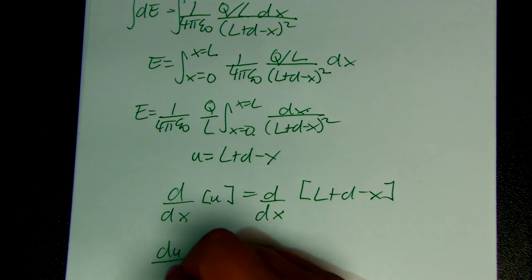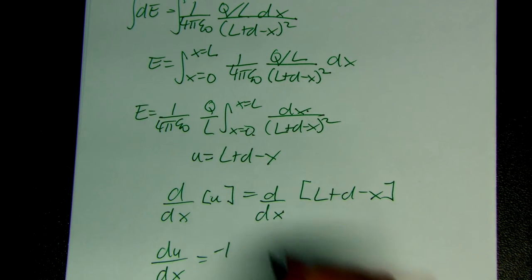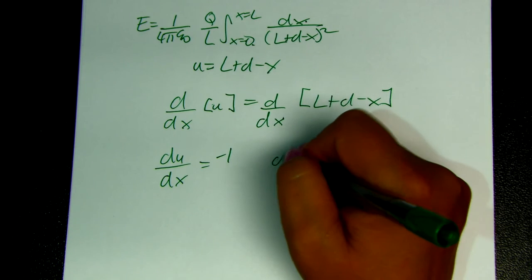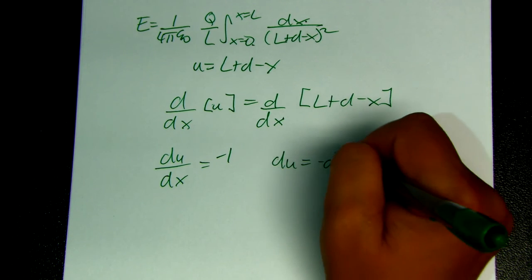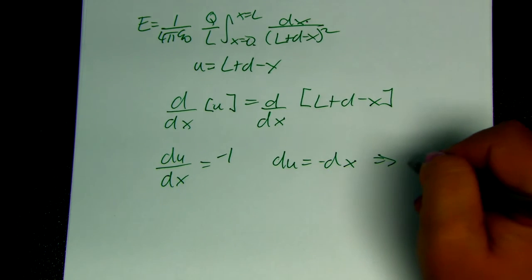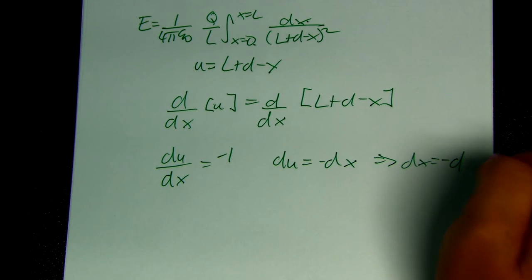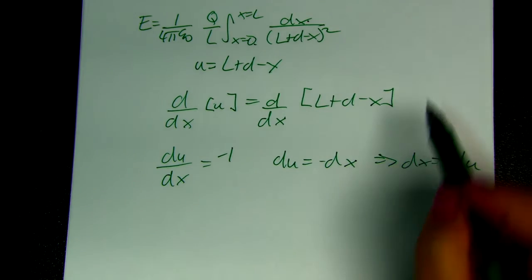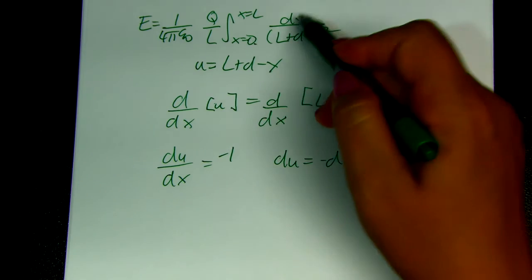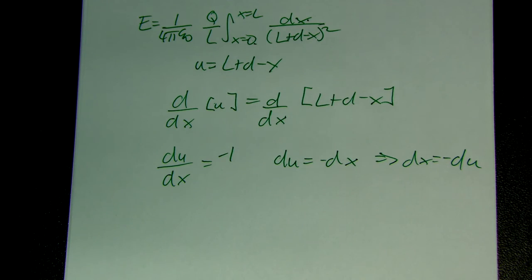So du/dx is equal to minus 1, and therefore du is equal to minus dx, and it would then follow that dx is equal to minus du. Okay, so now we know what to plug in for dx into our integral that we've set up.